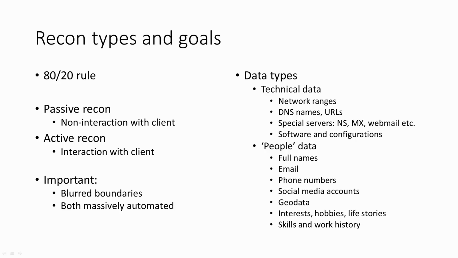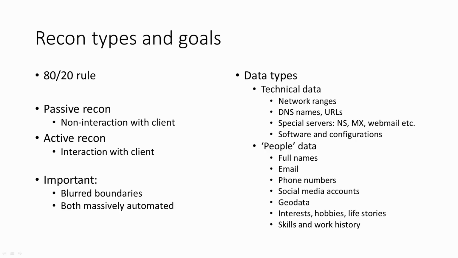You always perform some activities and they just fall into one of these categories. And second, you automate with tools, and these tools normally do a little bit of both. So there is no just passive reconnaissance category in your toolkit. There is just a tool that can be used for this or for that purpose.